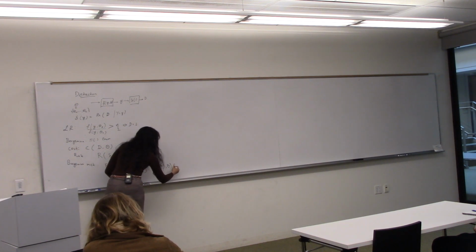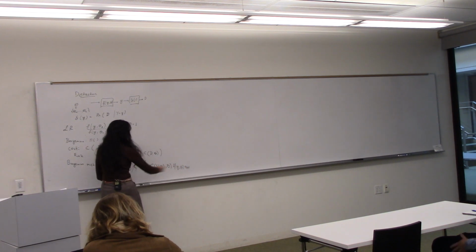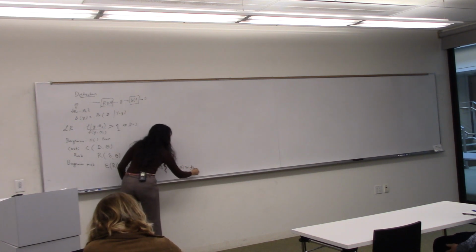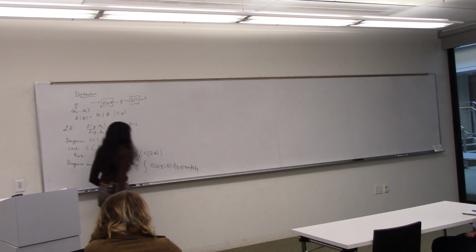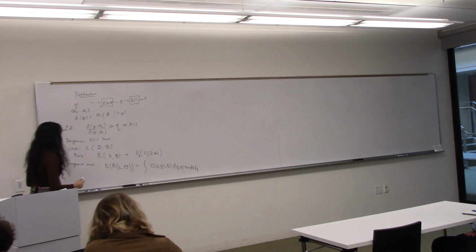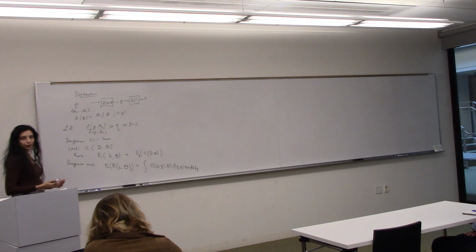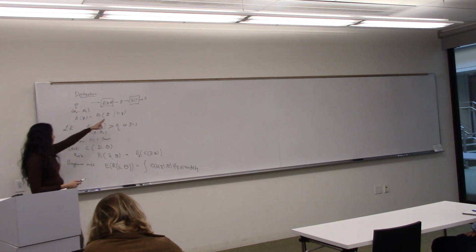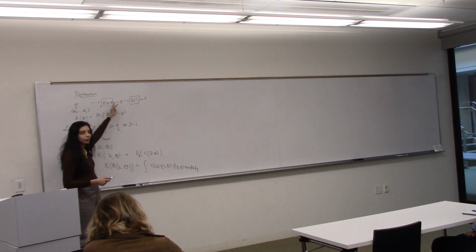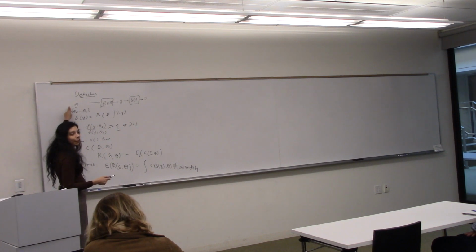You have the model distribution and the prior, and you're integrating over both of them. It's averaged over both the realizations of your data as well as realizations of the parameter theta. That's the Bayesian risk.